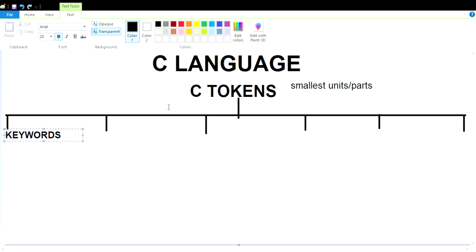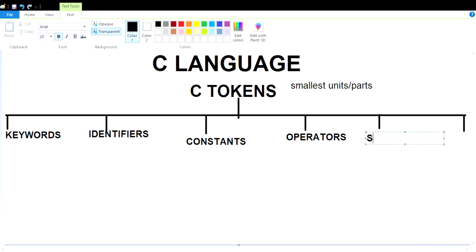The second token is identifiers, and the third token is constants, and the fourth one is operators, the fifth one is strings, and the last one is special symbols.